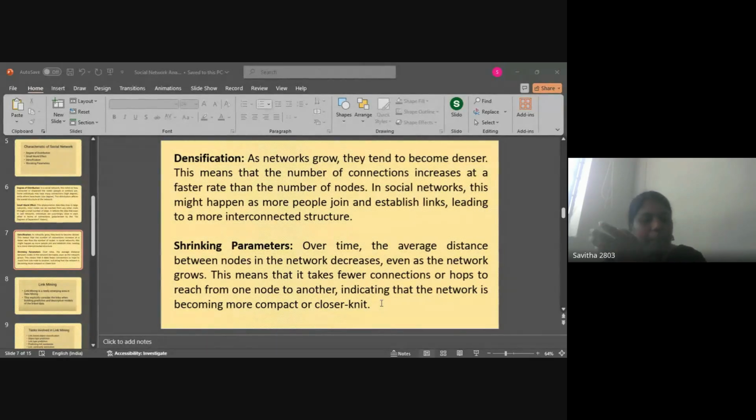That means that on whatever social media people are interested in connecting, the distance between two networks is reduced based on their connections. That is called shrinking parameters.